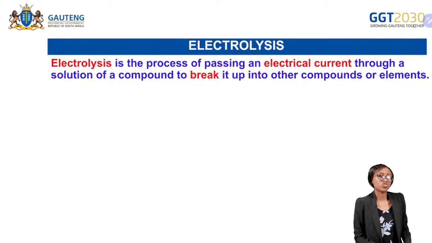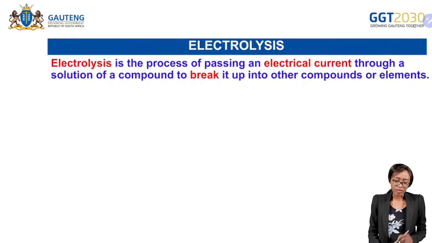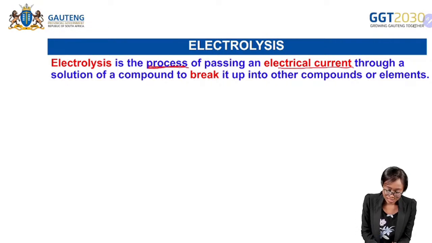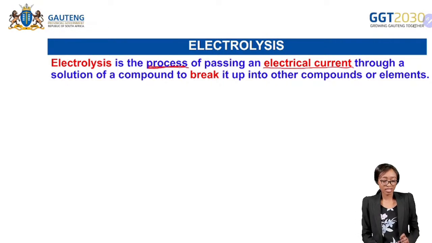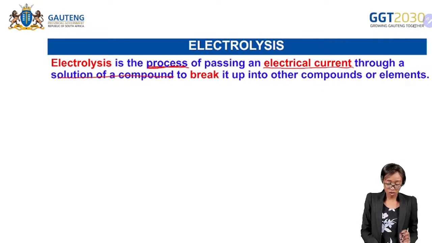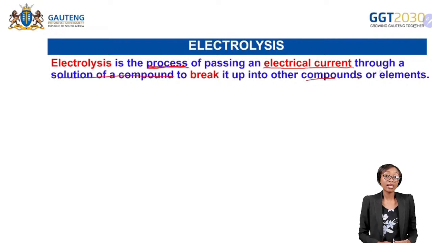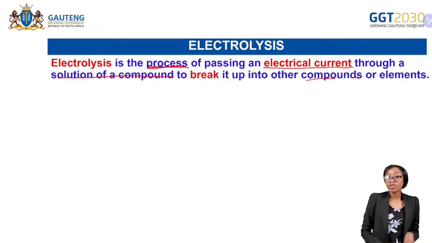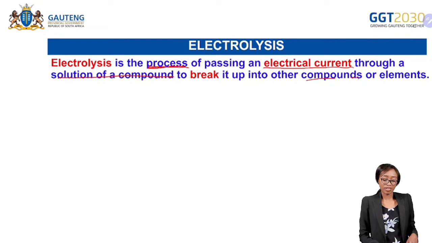Let's talk about electrolysis even more. Electrolysis is a process where we are passing an electrical current through a solution of a compound to break it up into other compounds or elements. I gave the example of water earlier, where we pass an electric current through water to break it down to its elements, where we end up with hydrogen molecules and oxygen molecules.